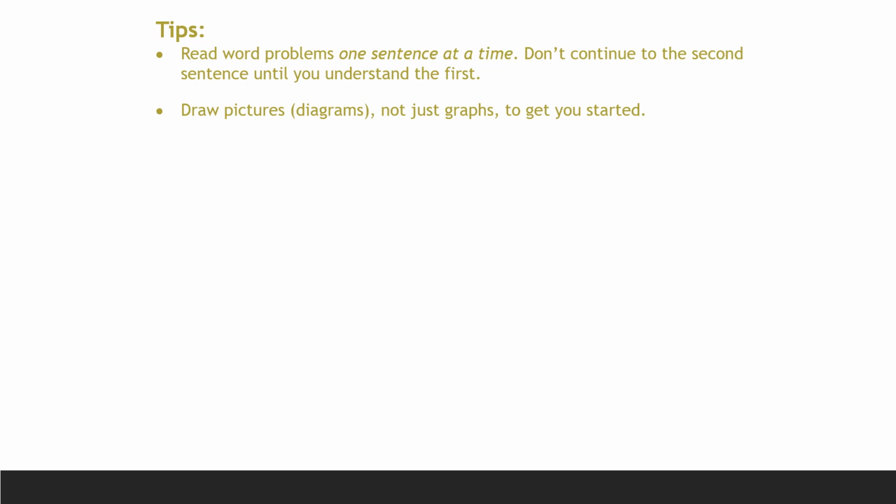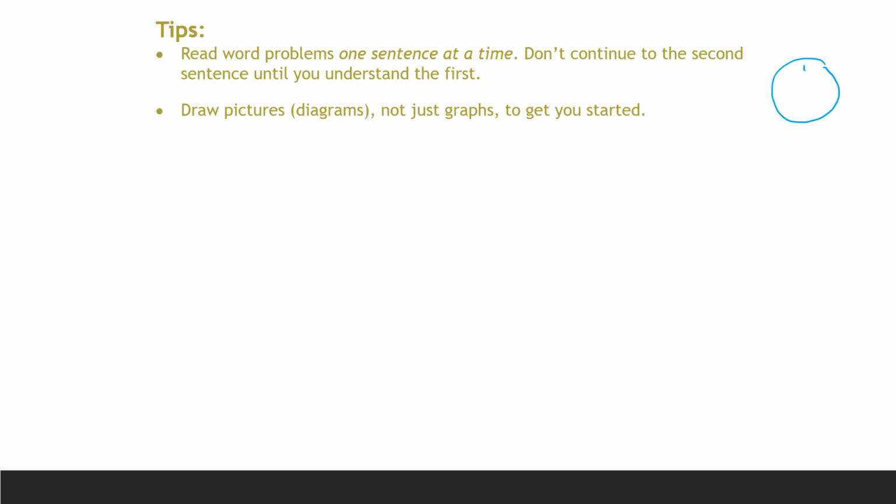Next is to draw pictures, diagrams, not just graphs, to get you started. A lot of times, a common question is a circular kind of question about something that goes around, like a Ferris wheel or a tire, or sometimes a piece of gum stuck on a tire, or a clock. So if you're doing a Ferris wheel question or a clock question, draw the circle as well.